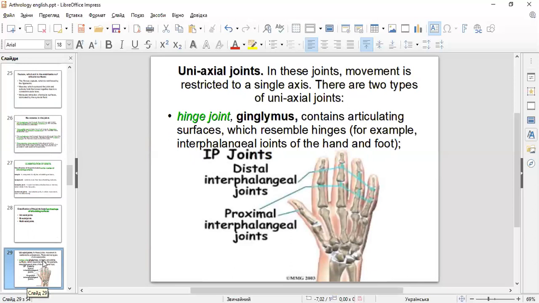In these joints, movement is restricted to a single axis. There are two types of uni-axial joints. Hinge joint, ginglymus, contains articulating surfaces which resemble hinges, for example, interphalangeal joint of the hand and foot.